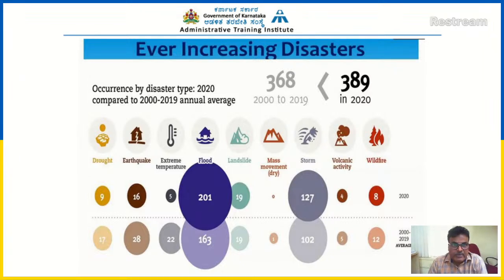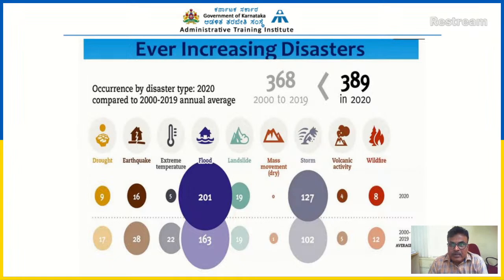You can see the huge difference between the average number of disasters that happened during the years 2000 to 2019 and in the year 2020 alone. So there is a significant increase in the number of disasters as compared to the last 20 years.